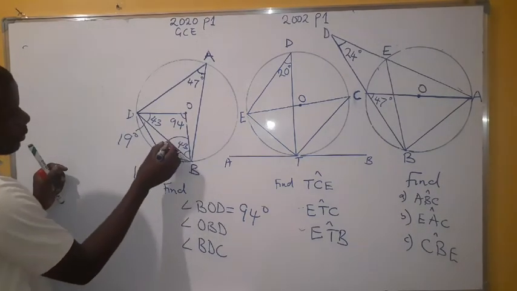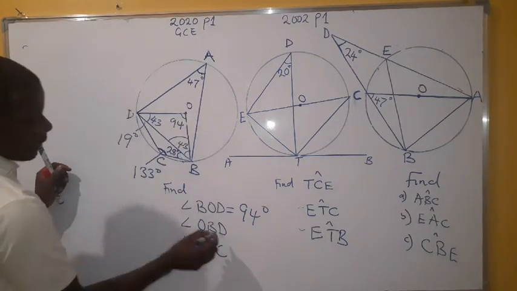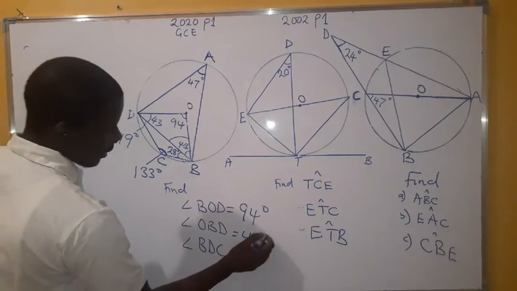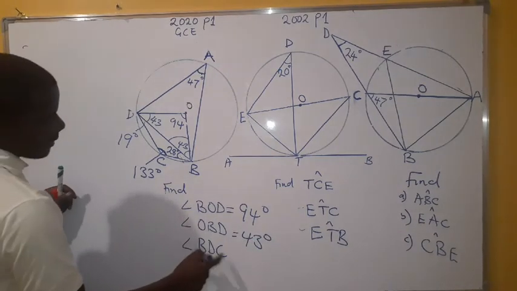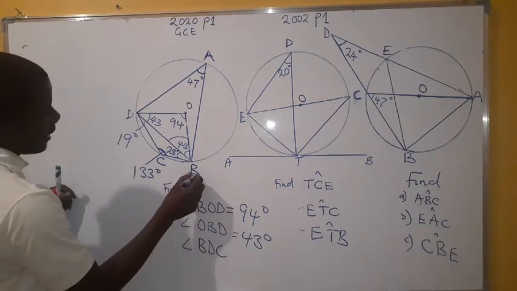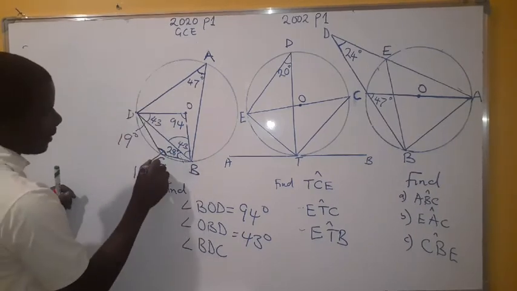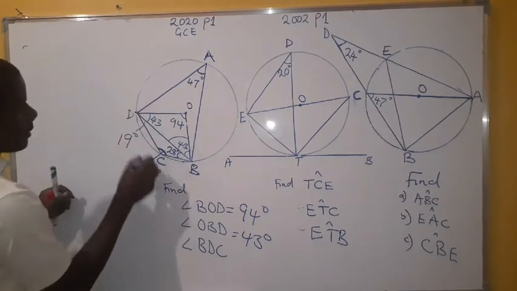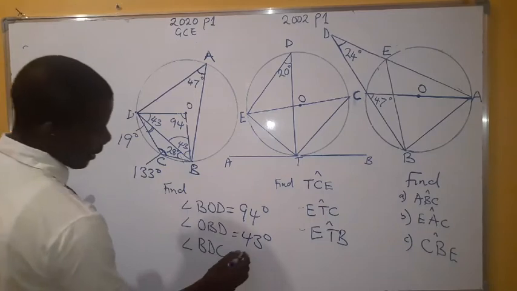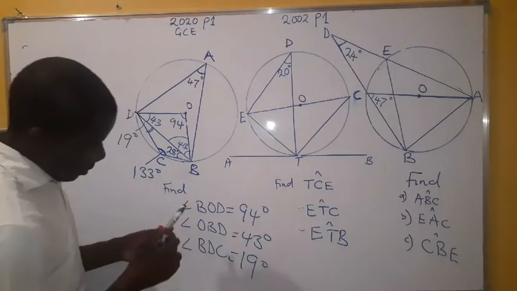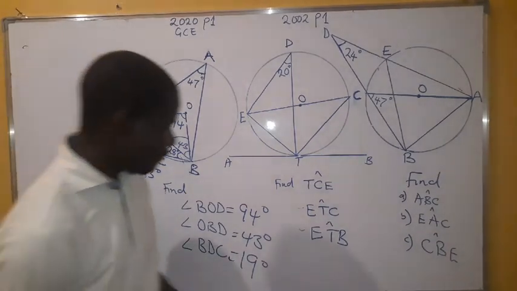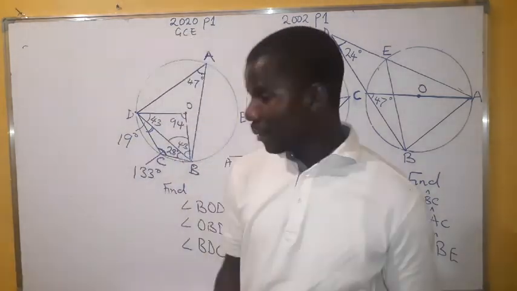It's this one. What did we get? 43. BDC, which is this one. What did we get? 19. That is what I'm finding. Please, I hope you are following, and I'm doing the correct thing.